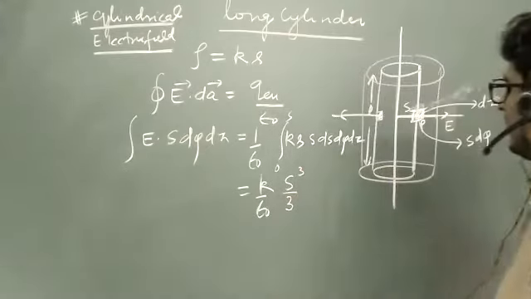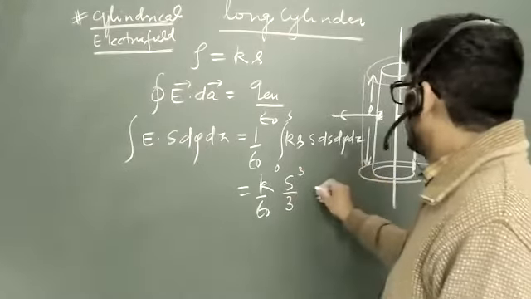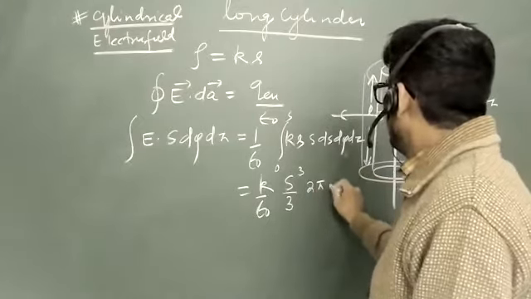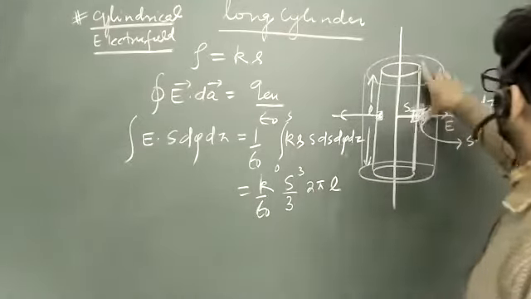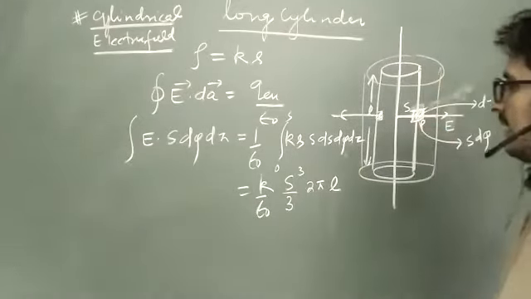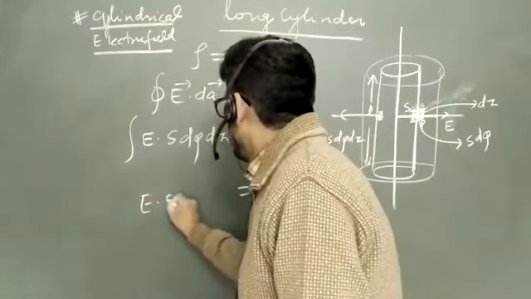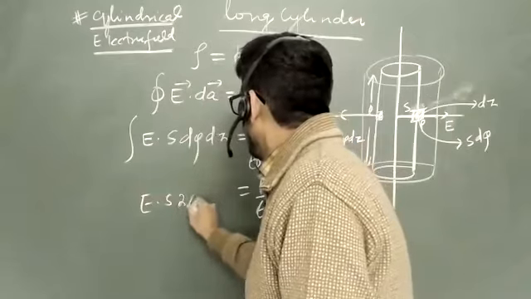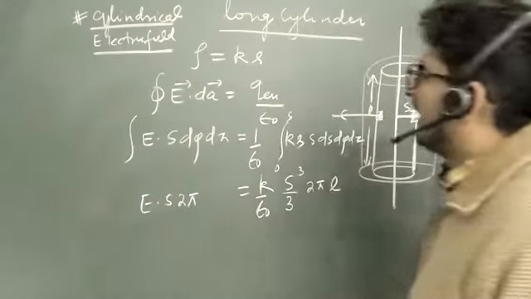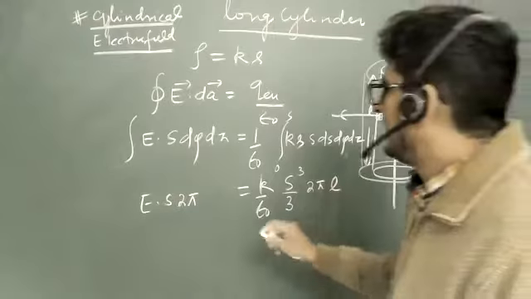And d phi will become 2 pi, and dz will become L, because I want to go up to L. And on this side, it will be E into S into 2 pi, where d phi becomes 2 pi and dz becomes L.